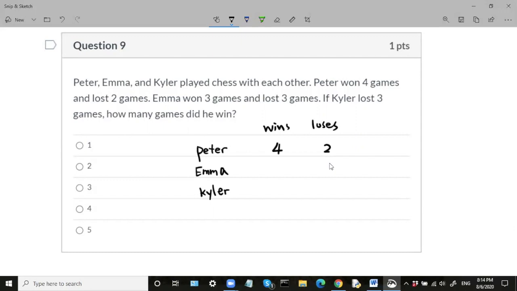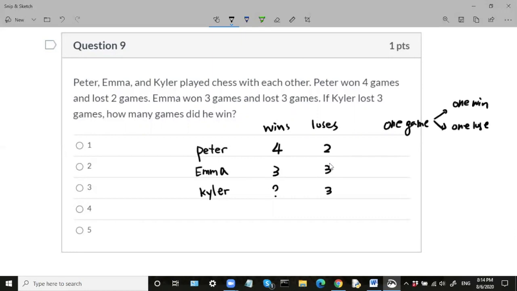Emma won 3 games and lost 3 games. Kyla lost 3 games. The question is, how many games did he win? Because we don't have ties, each game gives 1 win and 1 loss.